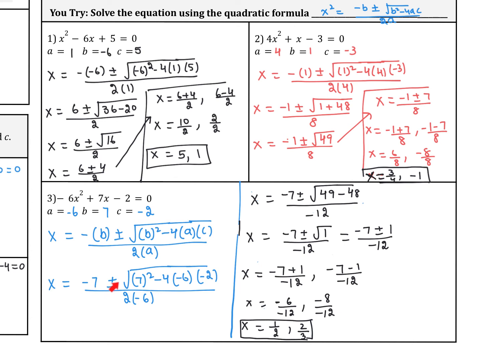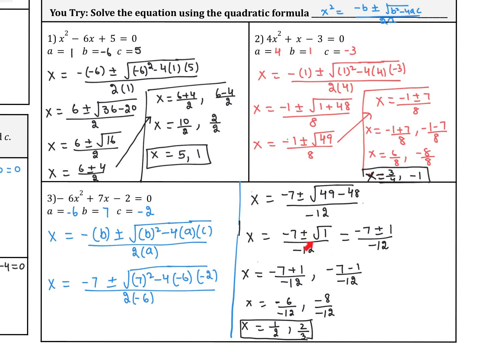So negative 7 plus or minus the square root of 7 squared minus 4 times negative 6 times negative 2, divided by 2 times negative 6. 7 squared is 49 and you have negative, negative, negative. There are three negatives, so it's going to make a negative. 6 times 4 is 24 times 2 is 48. And that gives you square root of 1.